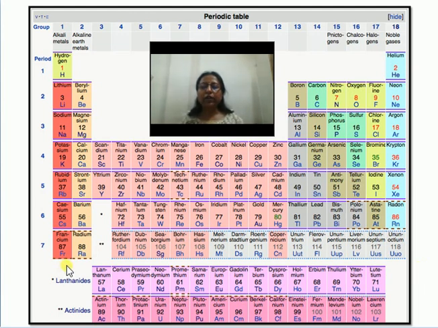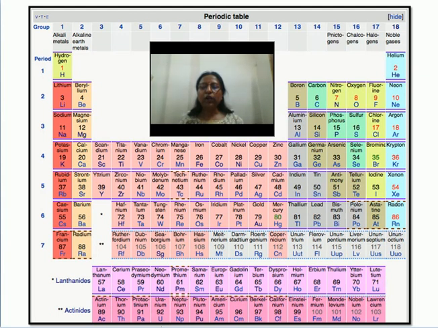Actually they are called the inner transition elements as they are present inside the transition elements. So this is the 6th period, and here the lanthanoid elements are present, with atomic numbers from 57 to 71, and they are actually f block elements.